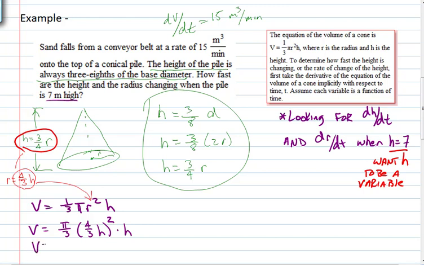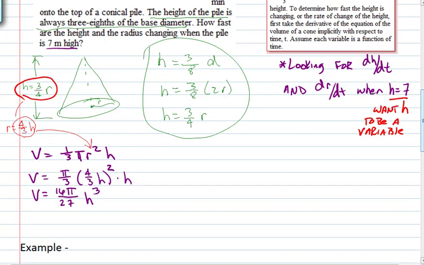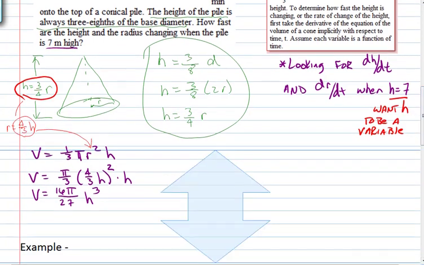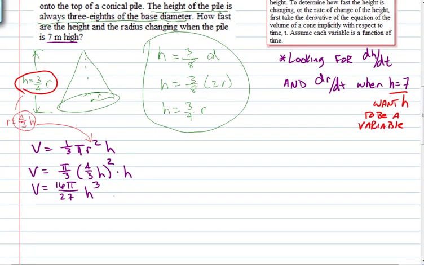We have volume is equal to, when I square 4, I get 16 pi. 3 squared is 9 times 3 is 27 h cubed. That's where I was headed. My brain just got a little ahead. Okay? This is the equation that I'm going to differentiate now. Now take derivative.